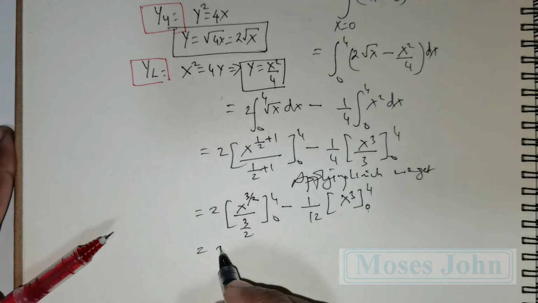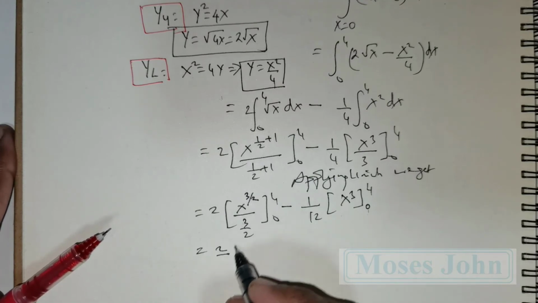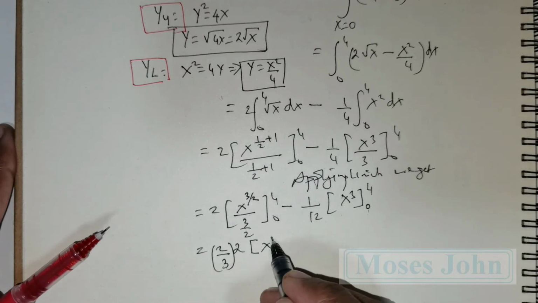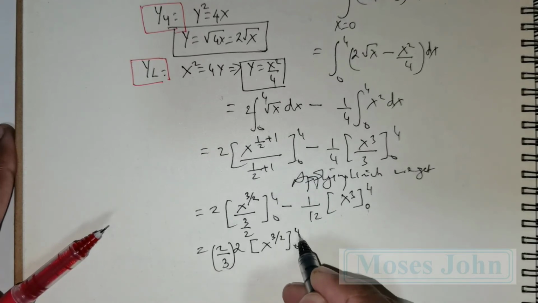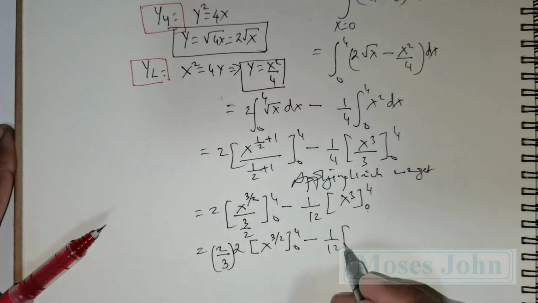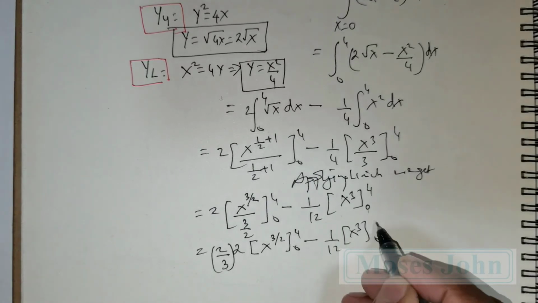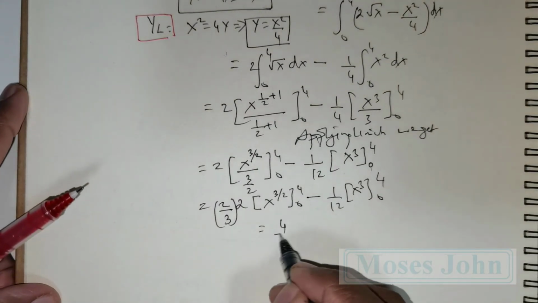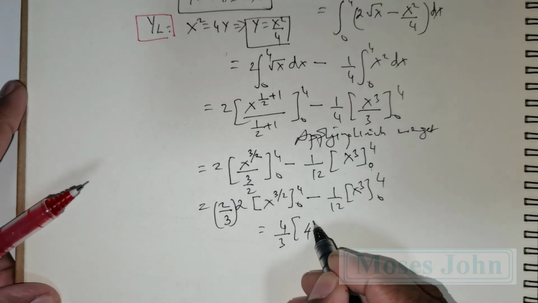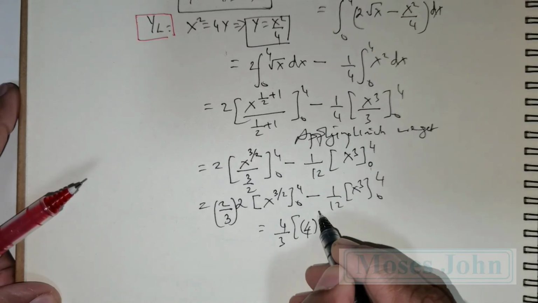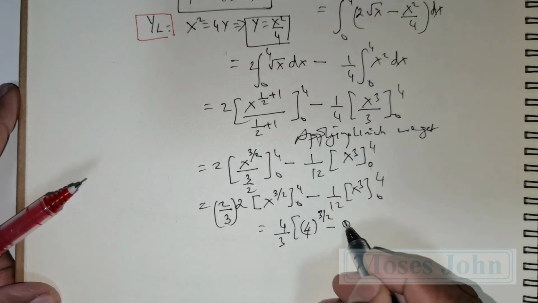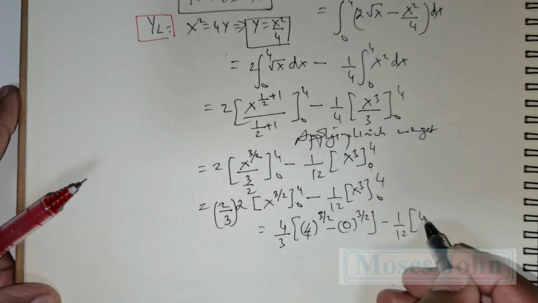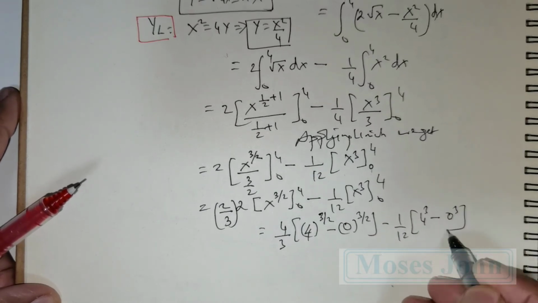Now I can rewrite this as 2, flip this to 2 over 3, and you have a 2 there, and x raised to the power 3 over 2 with the limits 0 to 4, minus 1 over 12 times x to the power 3, limits 0 to 4. Now this is 4 over 3, you apply the upper limit, so that would give you 4 raised to the power 3 over 2, the lower limit is 0. Apply the upper limit, so this is 4 to the power 3, minus 0 to the power 3.